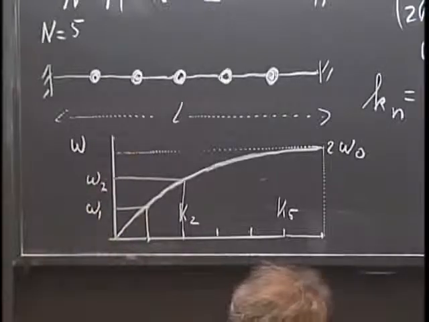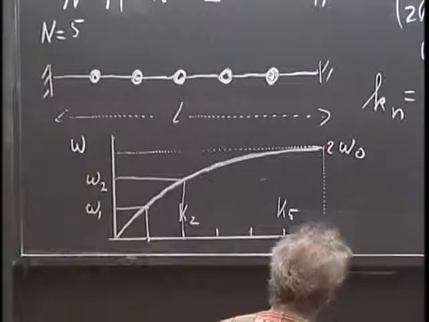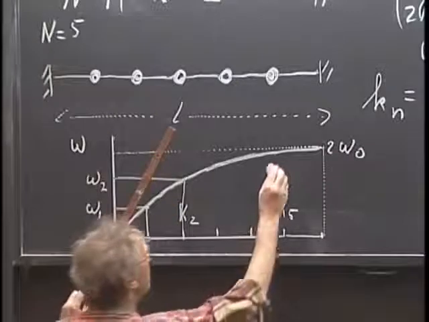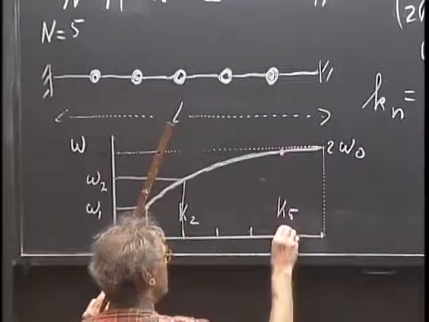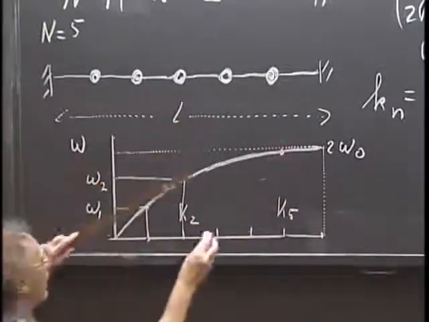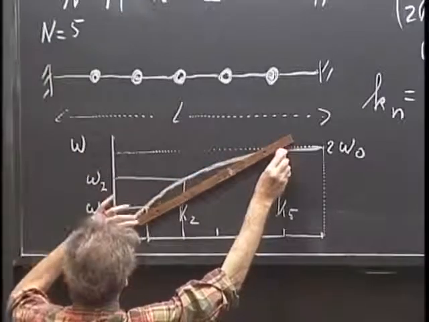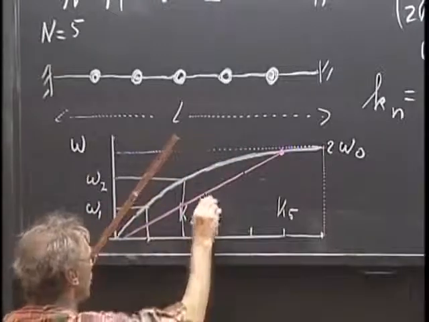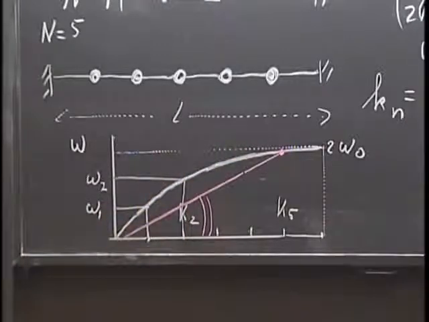So you can immediately see that the speed of propagation in the fifth mode is lower than the speed of propagation at the lower modes, because this point here, which is k5 connected with omega 5, I can connect with the origin, and then this angle is a measure for the speed of propagation, because the speed of propagation is omega divided by k.